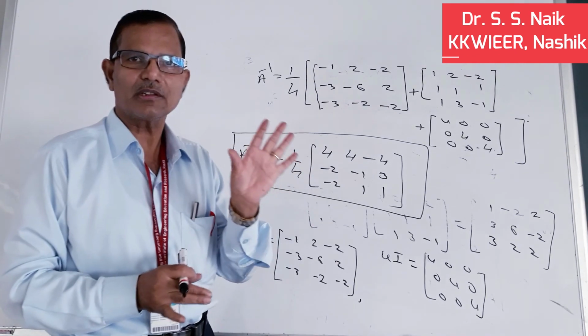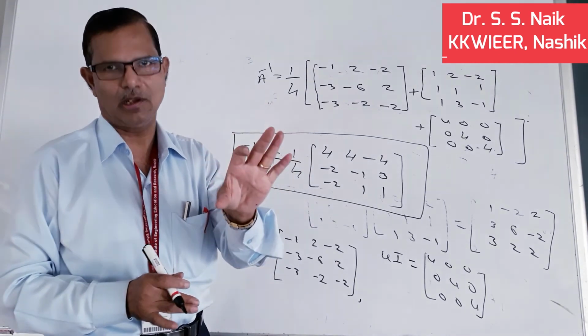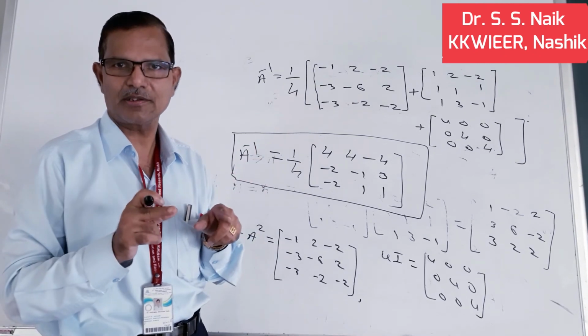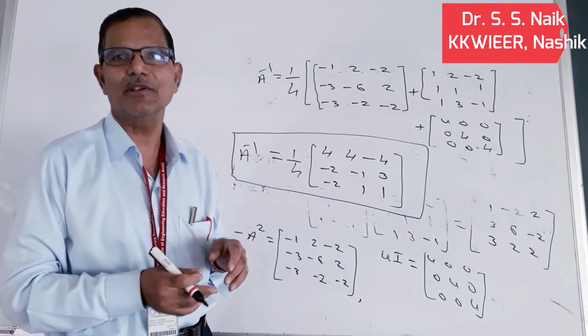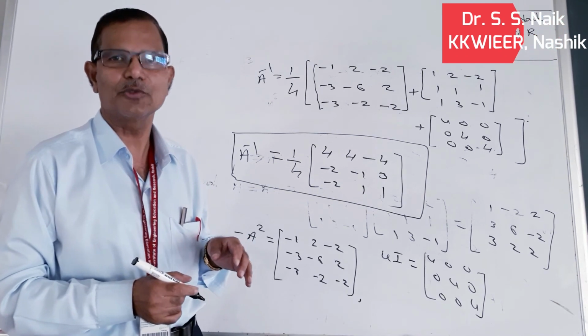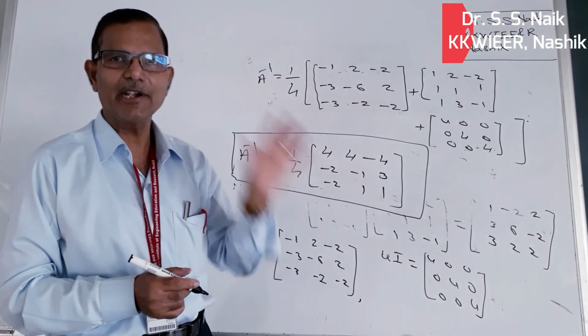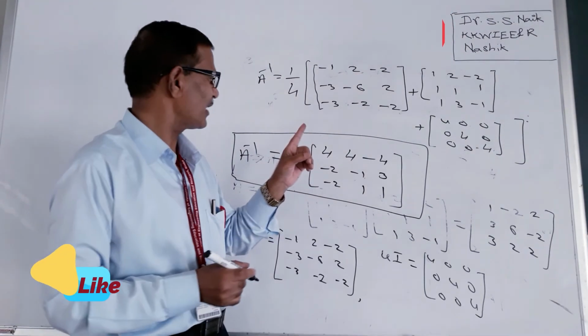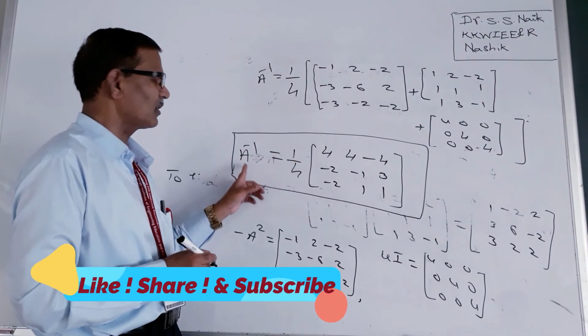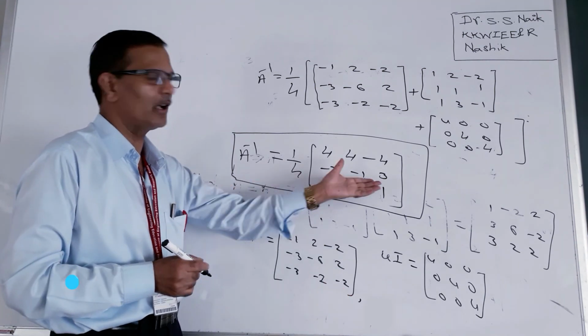Then by using the characteristic equation for a 3 by 3 matrix, lambda cube minus s1 lambda square plus s2 lambda minus s3 equal to 0, I made use of that equation to find A inverse. And by using that method, I got A inverse equal to 1 by 4 times this matrix.